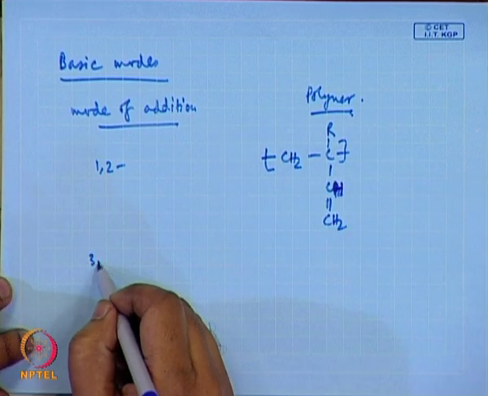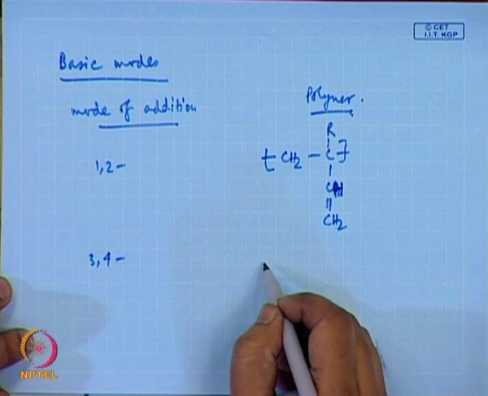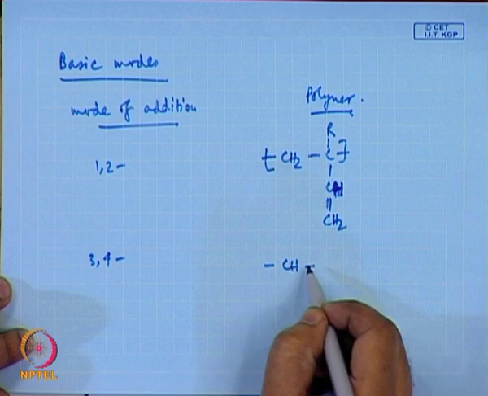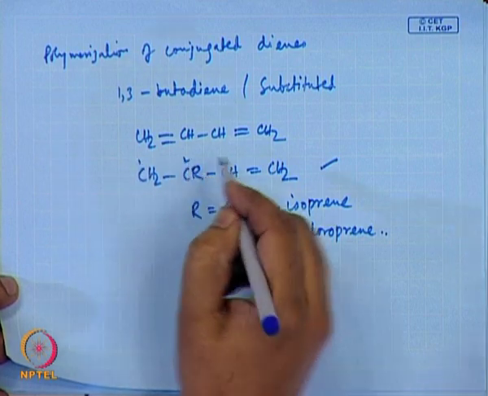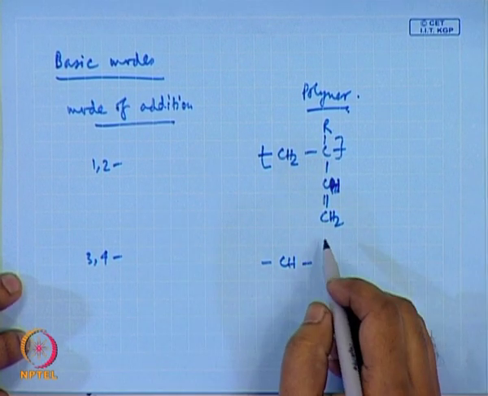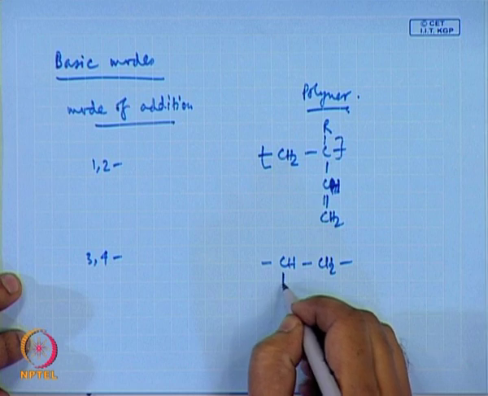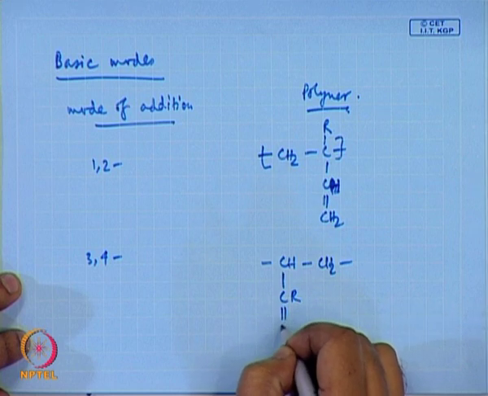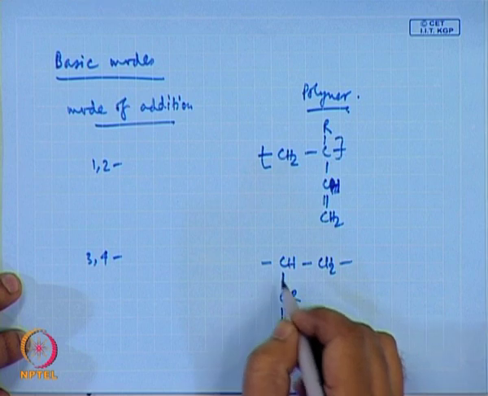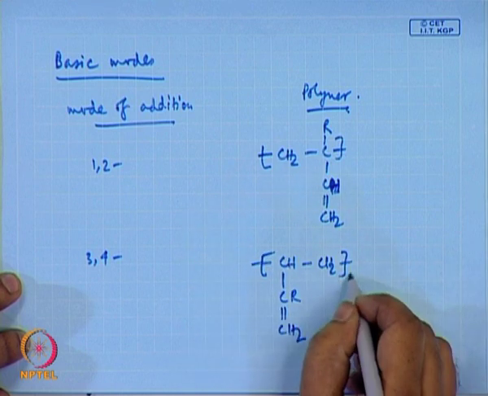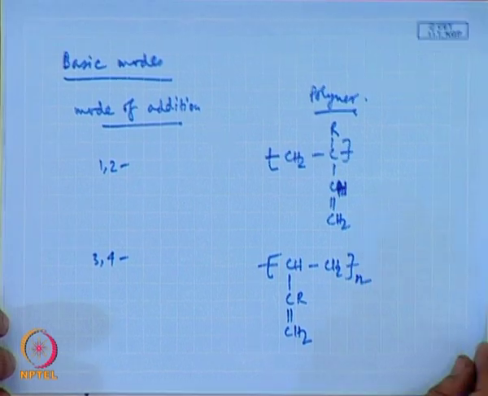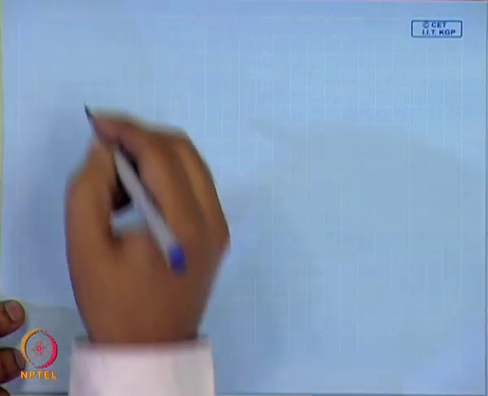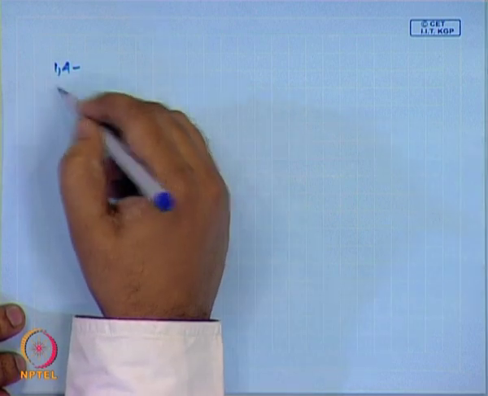If it is a 3,4 addition, you can recall the molecule, this is 1, this is 2, this is 3 and this is 4. So, if you have a 3,4 addition, then you will get a molecule like this. Now, there is another possibility of 1,4 addition.